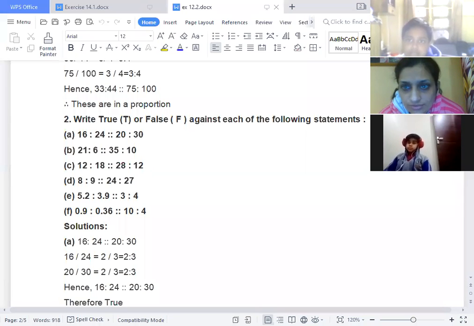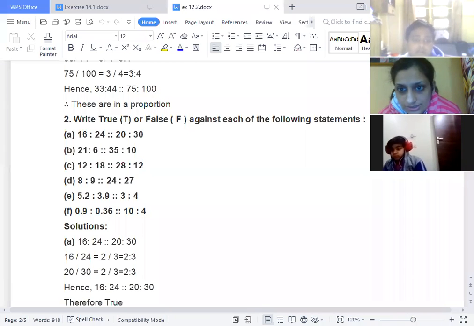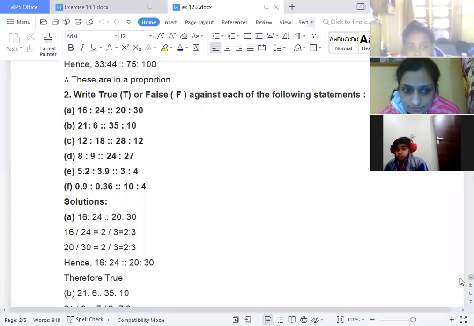Yes, Aditya, unmuted. 21 ratio 6 is proportionate to 35 ratio 10. Ma'am, first we have to divide it with 3. So ma'am, 3 sevens are 21 and 3 twos are 6. Very good. So 7 upon 2. Does it go in any table?